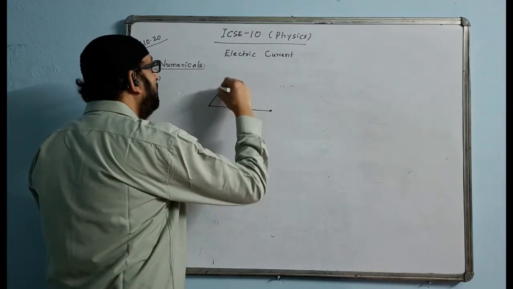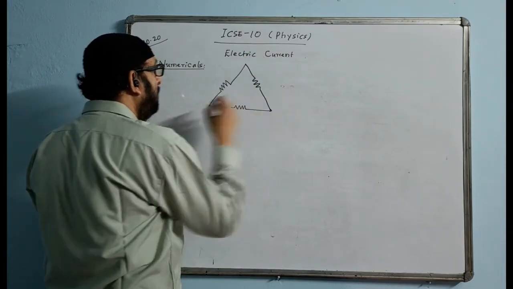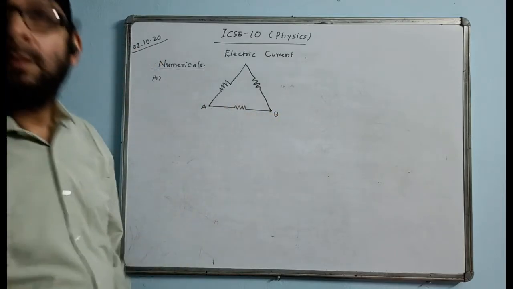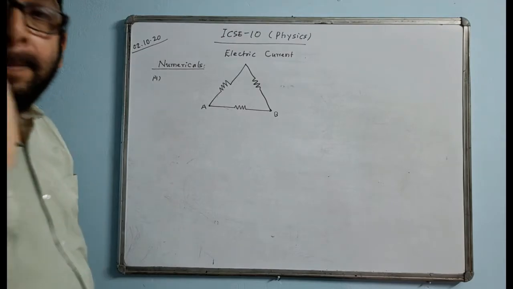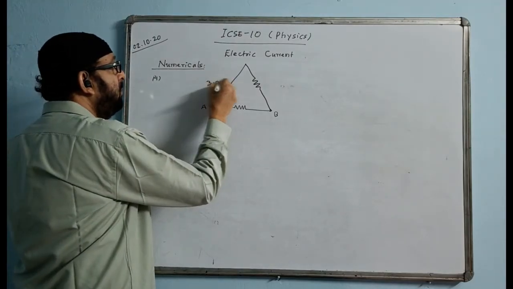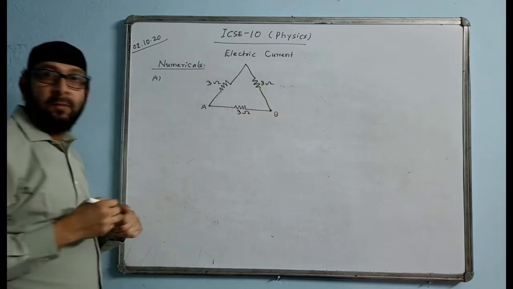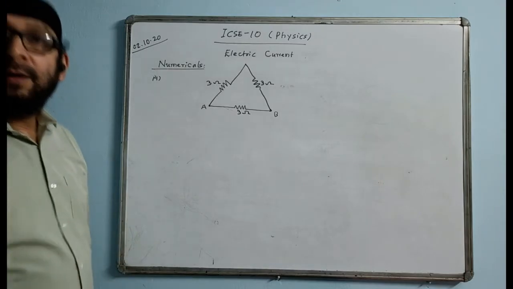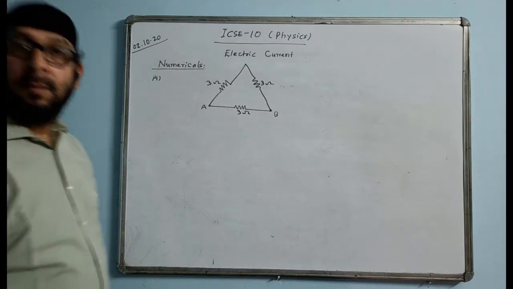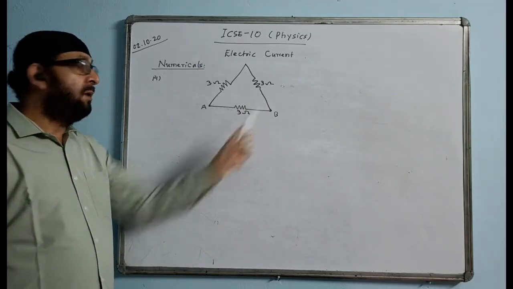This is A, this is B. This is 3 ohm, this is also 3 ohm, this is also 3 ohm. You have to find the total resistance between the points A and B.